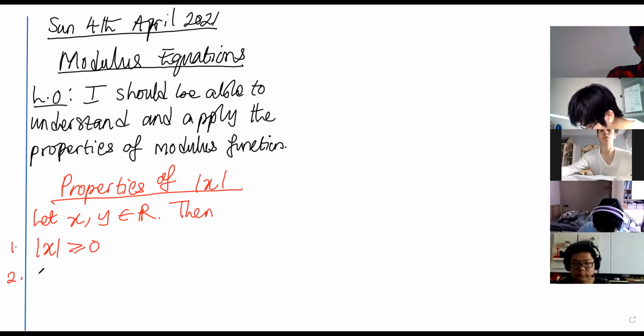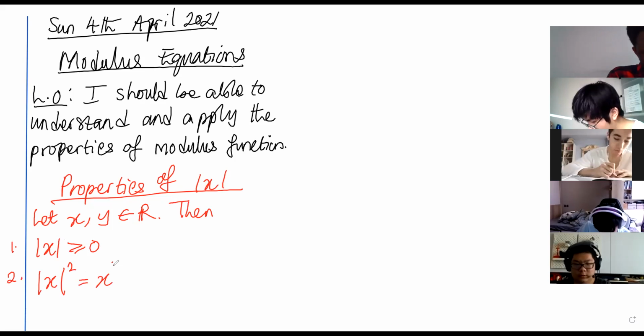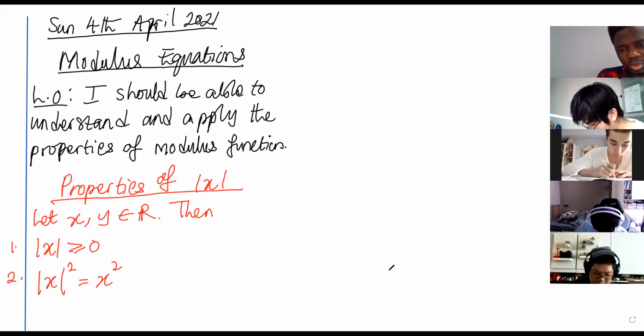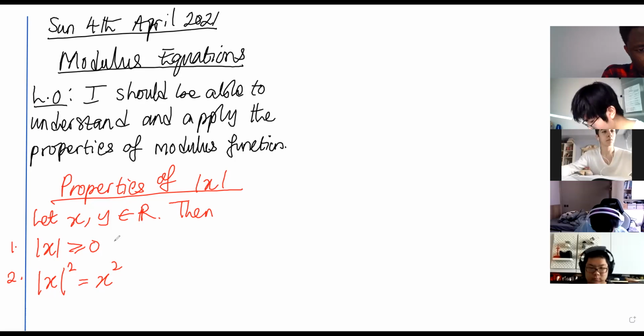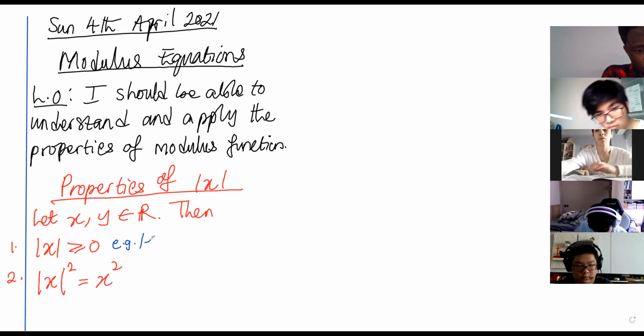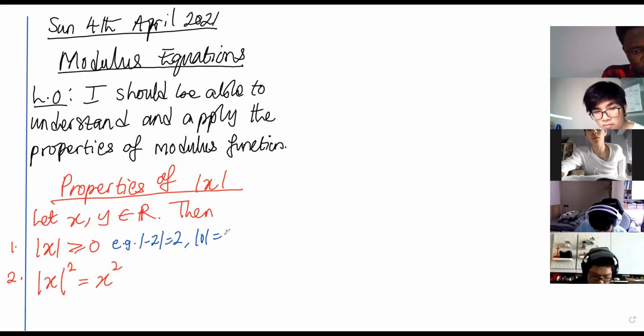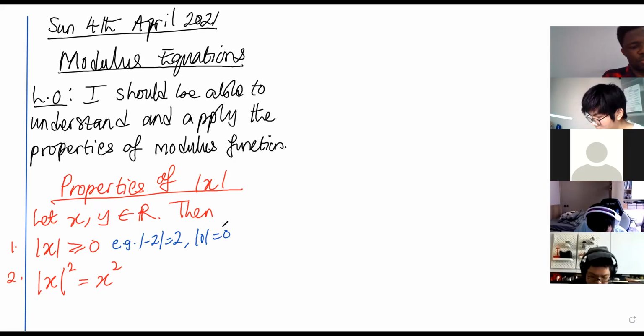Second property, if you square the absolute value, it's the same as squaring X itself. I could add more information by saying, e.g., absolute value of -2 is going to be 2. Absolute value of 0 is going to be 0, and so on like that.